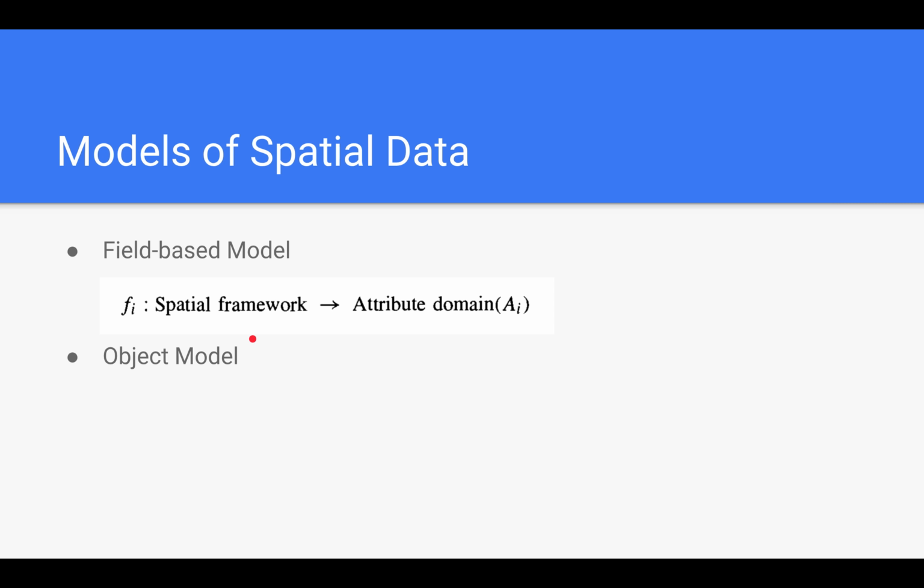The field models are usually used for modeling continuous spatial data, such as elevations and temperatures, and object models are usually used for modeling transportation networks.